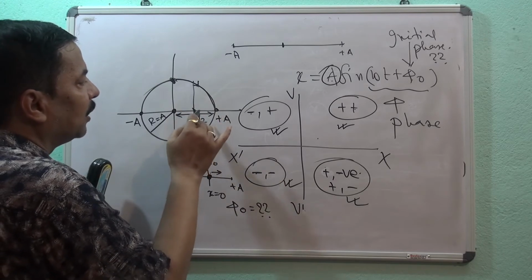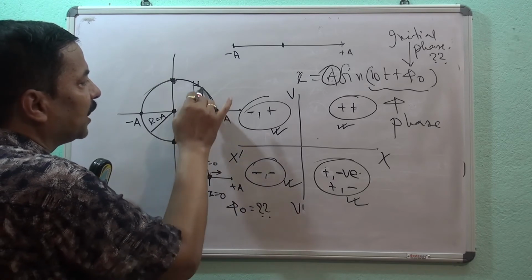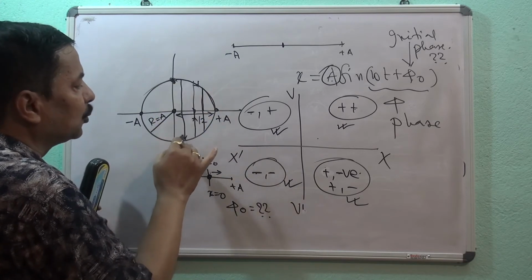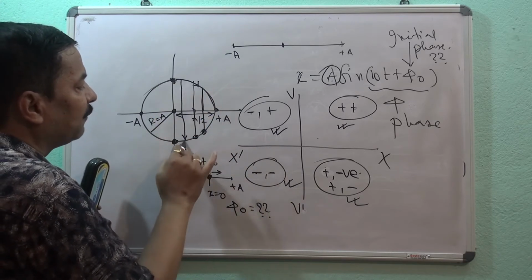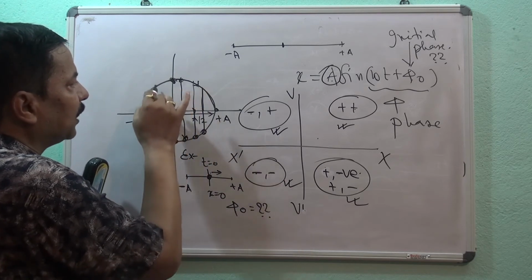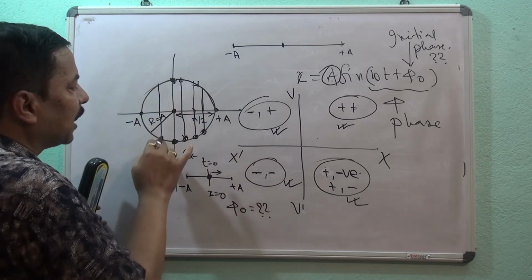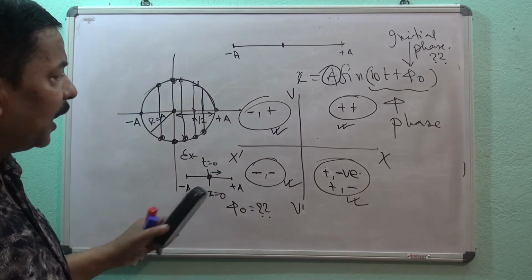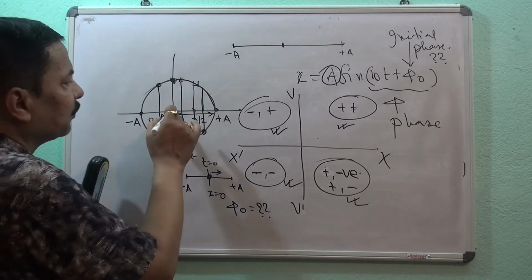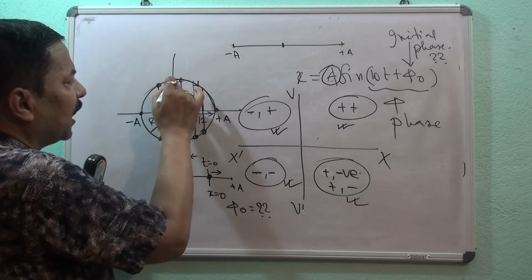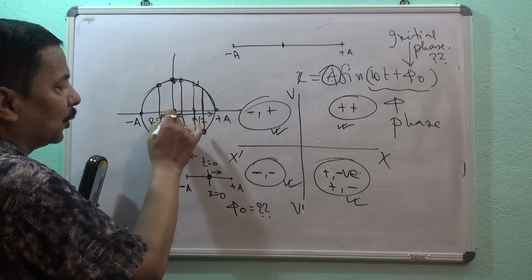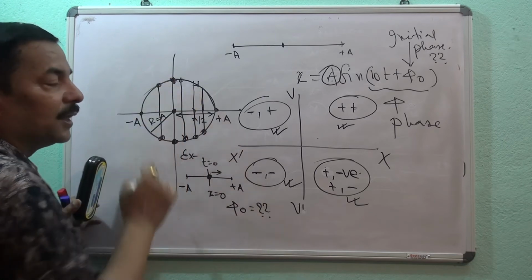Suppose here some other value of x is there, then also you will be getting two positions. You see, for every value of x you will be getting two positions as I am showing you in the diagram. Now here the value of x is 0, that means one position is here, x is 0 here, so one position is here and one position is here.